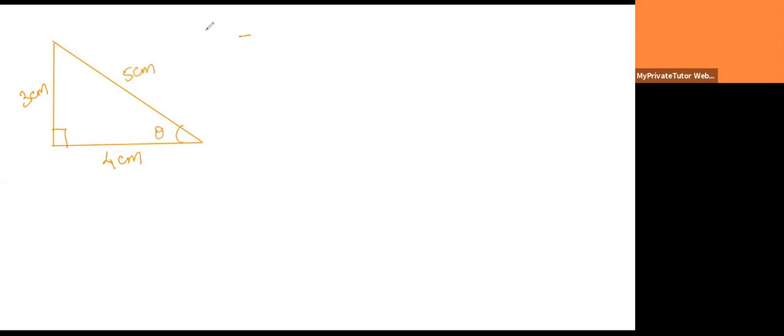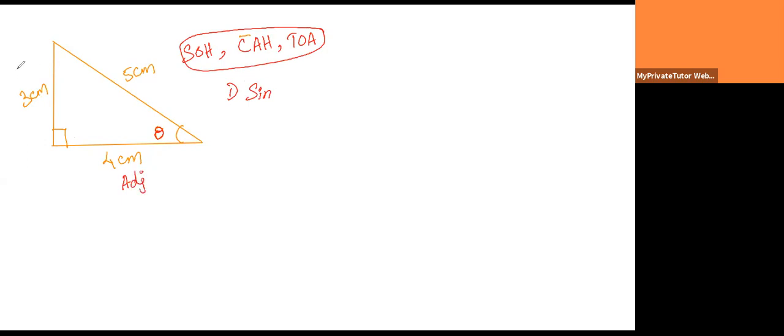If you want me to write the logic, SOH, CAH, and what else? TOA. Okay, so first, just find sine theta, guys. This is the theta. If this is theta, this is the adjacent side, and this is the opposite side. And you know that the hypotenuse side is this one. So what is sine theta, guys? How do you find sine theta?